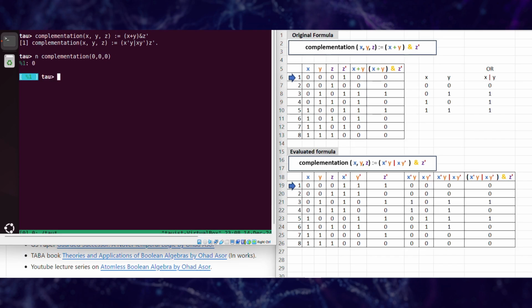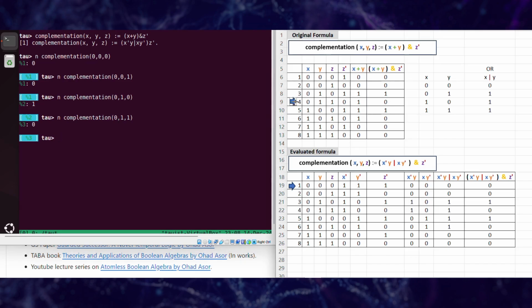Correct. 0, 0, 1, 0. Correct. Third is 0, 1, 0, 1. Correct. Next, 4 is 0, 1, 1. Should be 0. Correct.